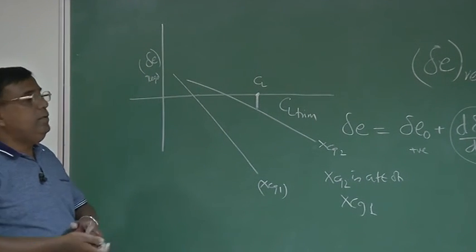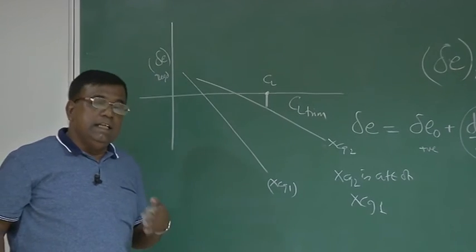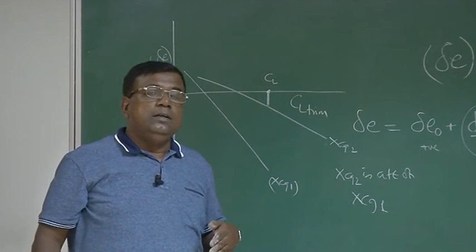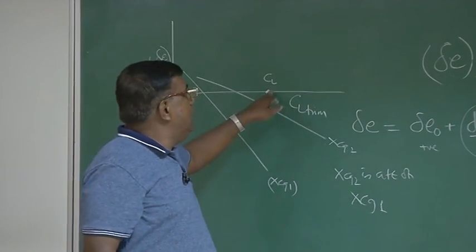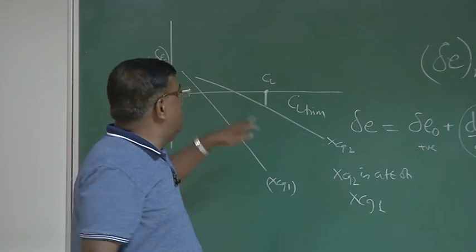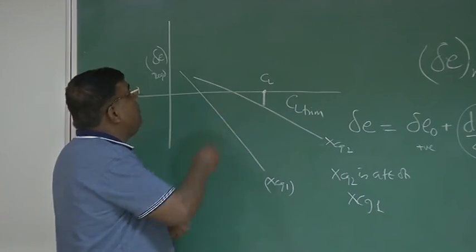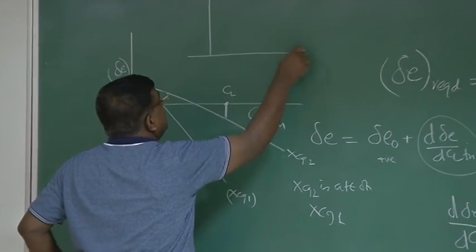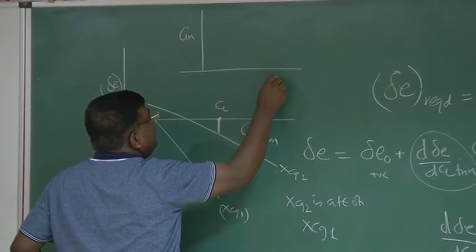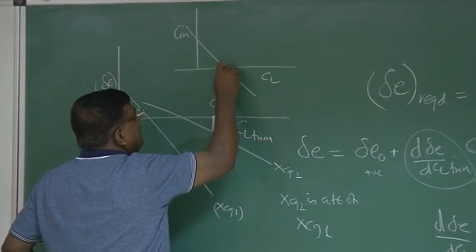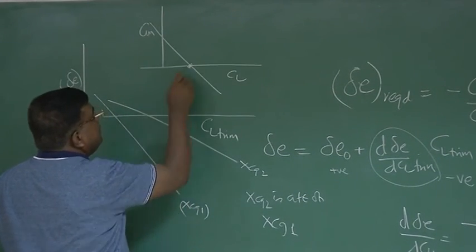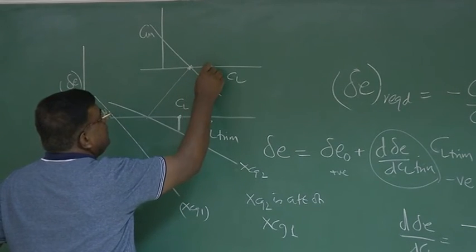Now think yourself, if I am changing CL to a new CL, which is more than the CL where you are actually flying, that means in the Cm versus CL graph, you have to connect it. Then you will understand very well. Cm versus CL graph is like this. This point is this point, and now you want to fly at some other point.